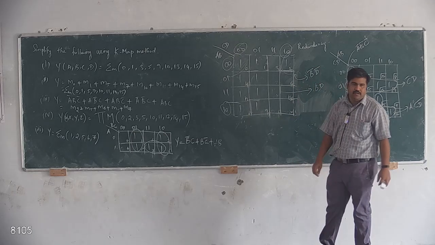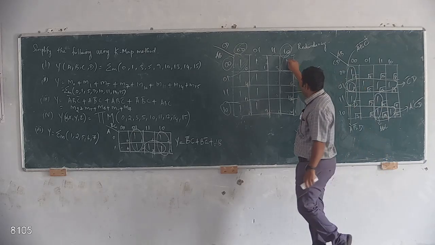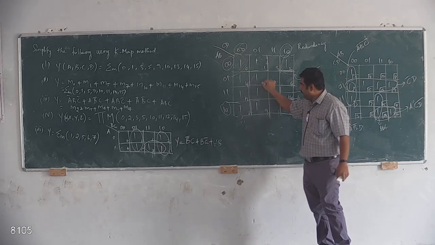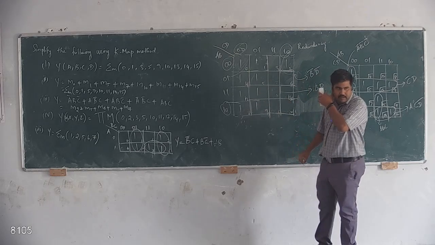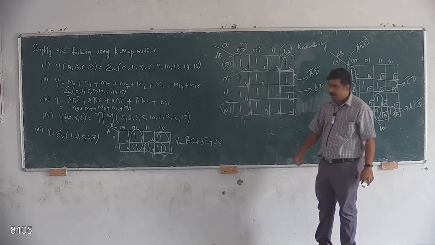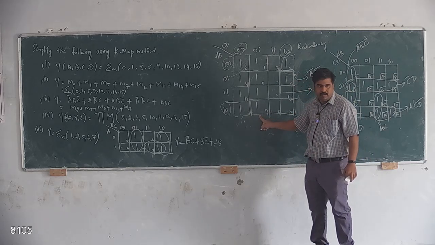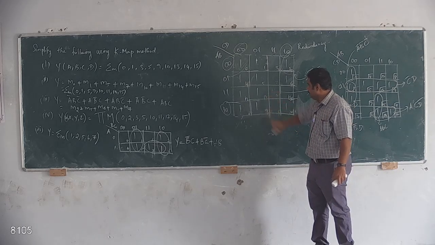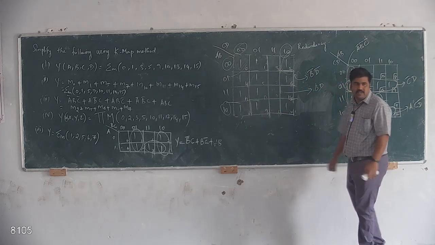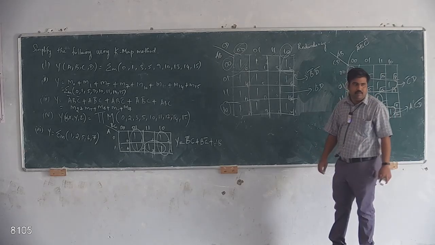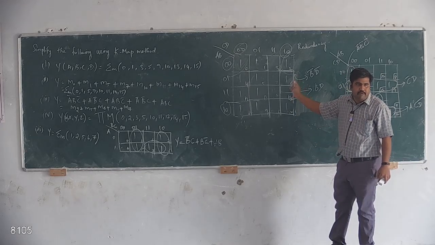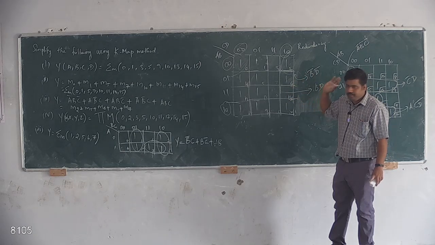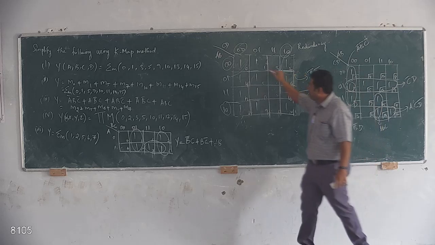So what is the question? 0 1, 2 4 5 6 is there, 6 8 9, 10 12 13, 14 is also there, right? So everyone place the ones correctly. So this is what you got, right? So how can we combine this?